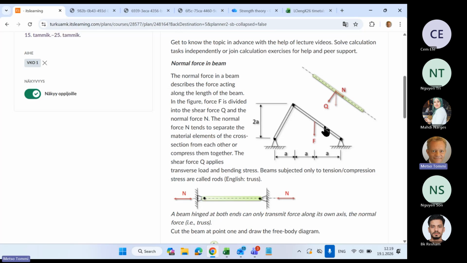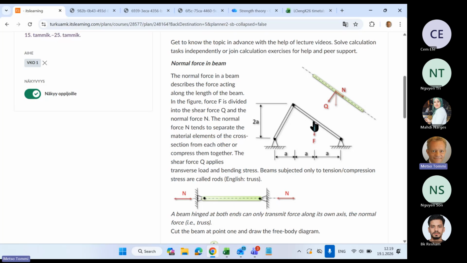This is a beam structure, and this is an individual truss. And when you have joints at both ends supporting this beam, it can only have a normal force in this beam.